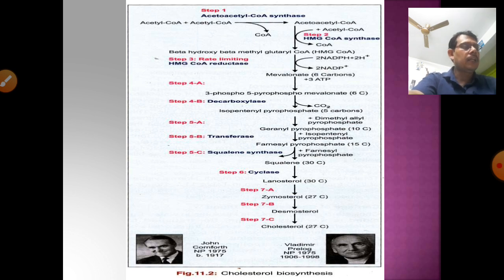This combines with dimethylallyl pyrophosphate to form geranyl pyrophosphate. A transferase enzyme then forms farnesyl pyrophosphate, which forms squalene. In the next step, by the presence of cyclase, it forms lanosterol. Lanosterol, a 30-carbon compound, through reductase enzymes forms zymosterol and ultimately desmosterol, and finally cholesterol is formed in the liver.